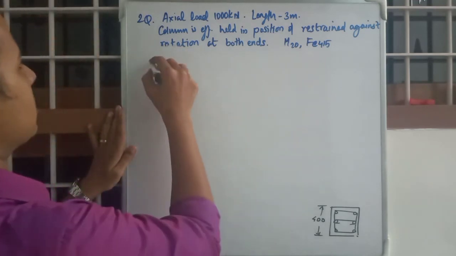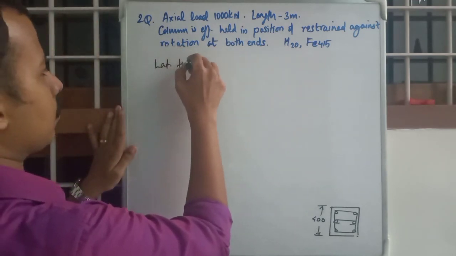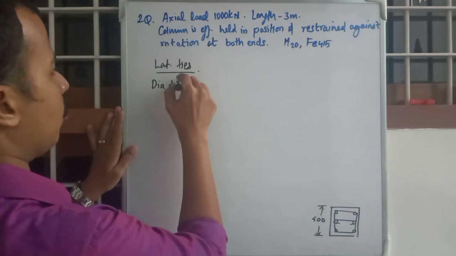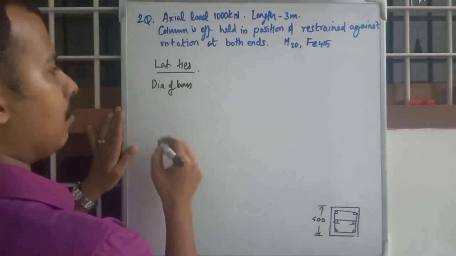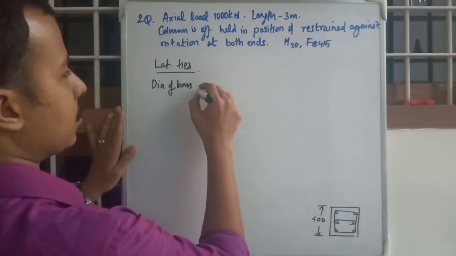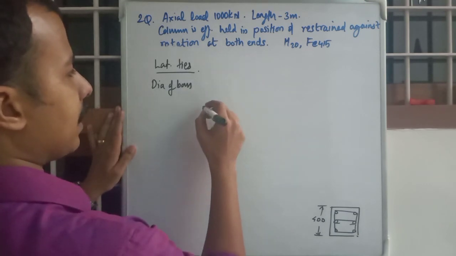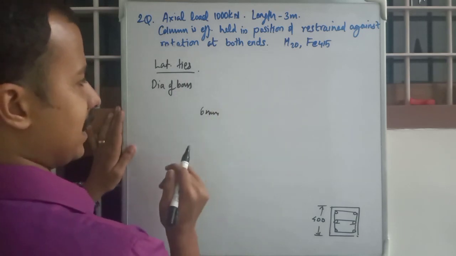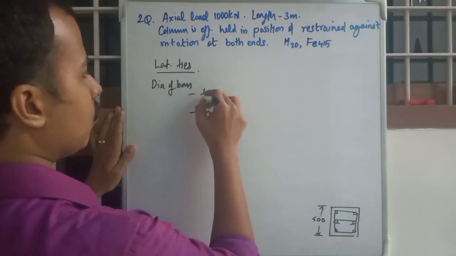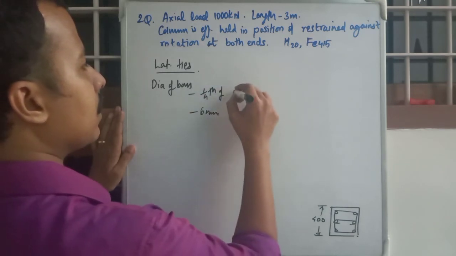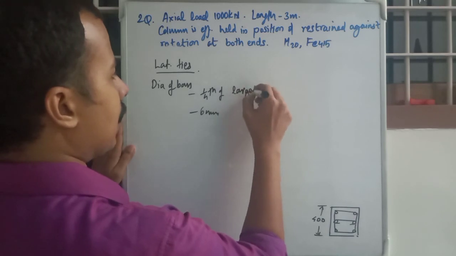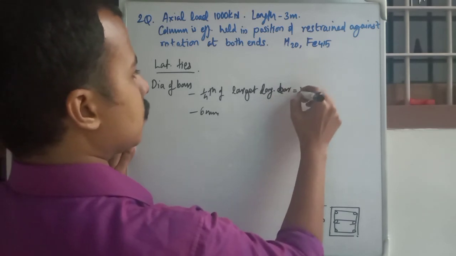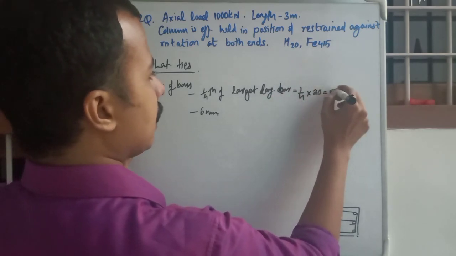For lateral ties, diameter of bars, we have two conditions. It is either the greatest of two: the first is 6 mm, in no case should it be less than 6 mm, or 1/4 of the largest longitudinal bar, that is 1/4 into 20, that is 5 mm.